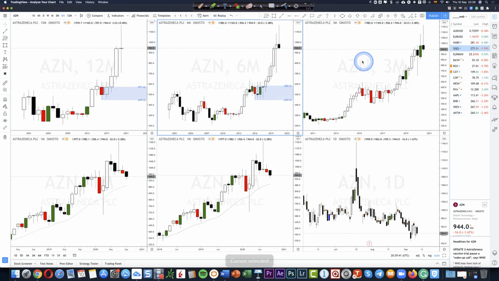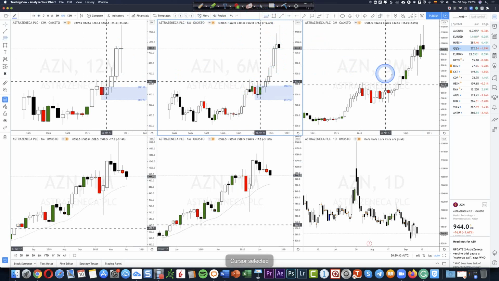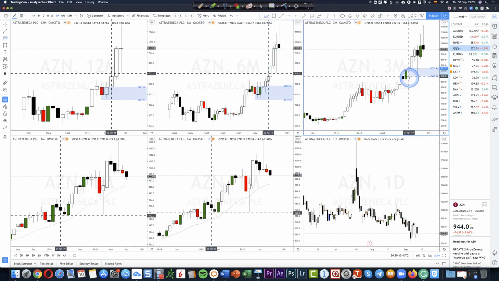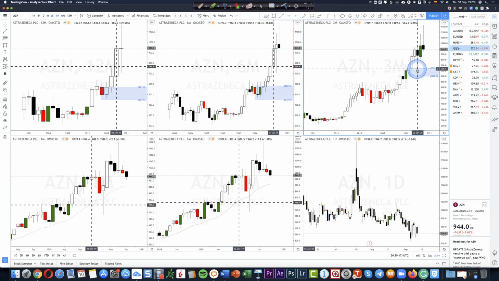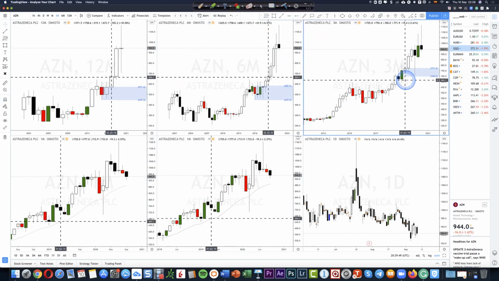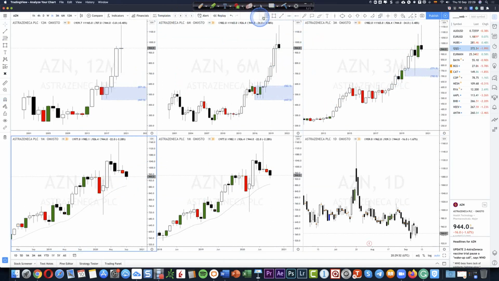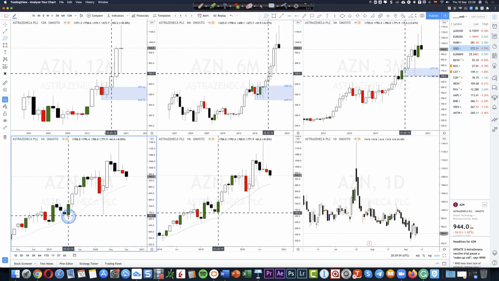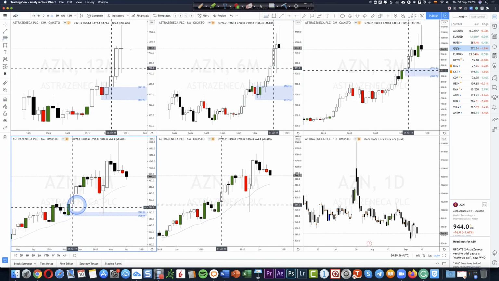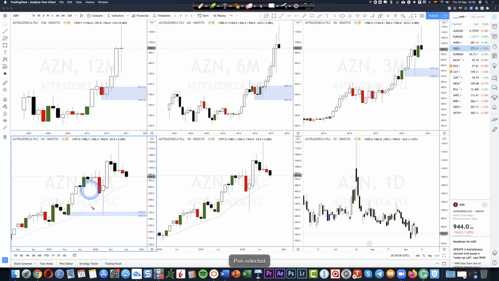Same thing happened here. See, another 3-month area of demand, 2 year Cs, dropped and rally. That's the trade. And as you can see here, we've got the monthly area of demand in control. This area of demand on AstraZeneca was nested right there at the distal line of that area of demand.